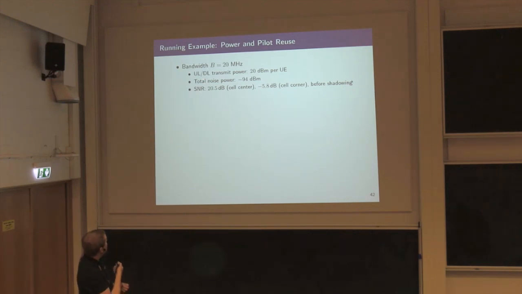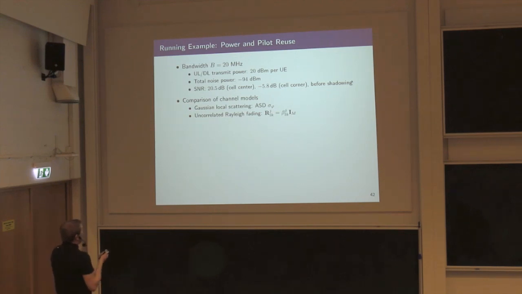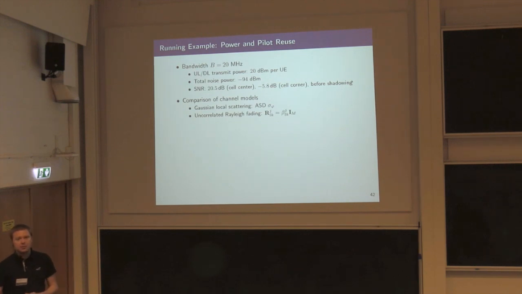You will get around 20 dB SNR. And when you are at the corner of the cell, you will get around minus 6 dB. Both of these numbers are before I add this random shadow fading, because with that one, you can get any number. And I will compare this Gaussian local scattering model with different values of the angular standard deviation with the uncorrelated Rayleigh fading model, so you can see some of the differences between these things.